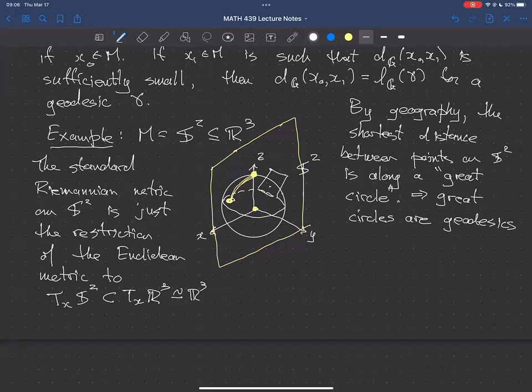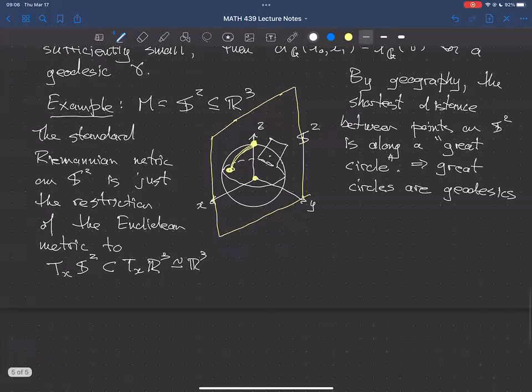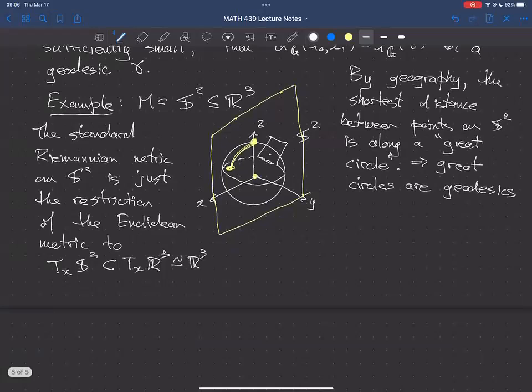Certainly it's true that great circles are geodesics. What's not necessarily true is that geodesics are segments of great circles. So great circles are geodesics, and geodesics are segments, in exactly the sense that I drew here. That's a segment of a great circle.